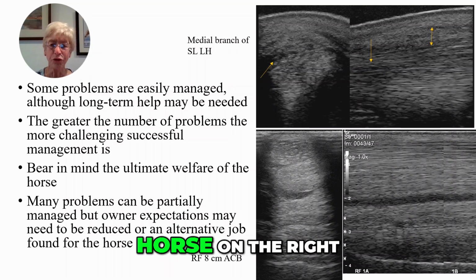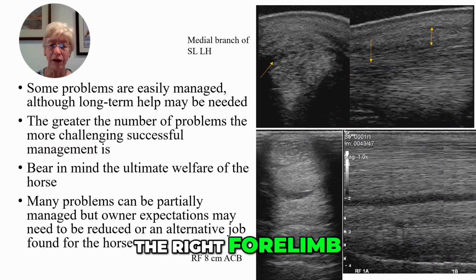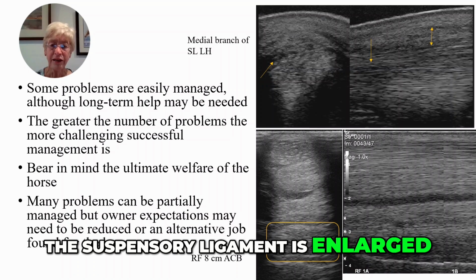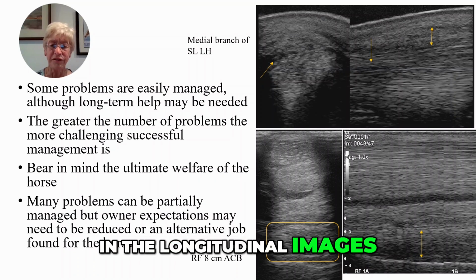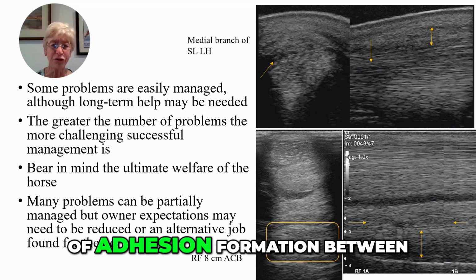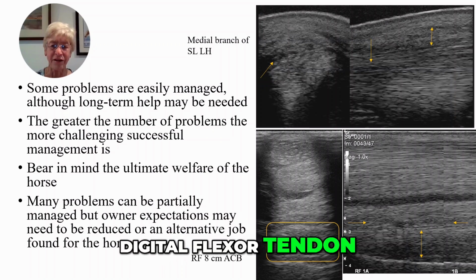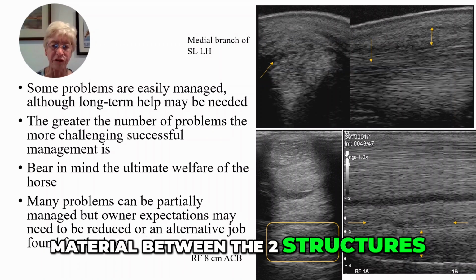If we consider the horse on the right, this horse has got proximal suspensory desmopathy in the right forelimb. The suspensory ligament is enlarged. It has loss of long linear parallel echoes in the longitudinal images, especially dorsally. And there is evidence of adhesion formation between it and the accessory ligament of the deep digital flexor tendon, indicated by this echogenic material between the two structures.